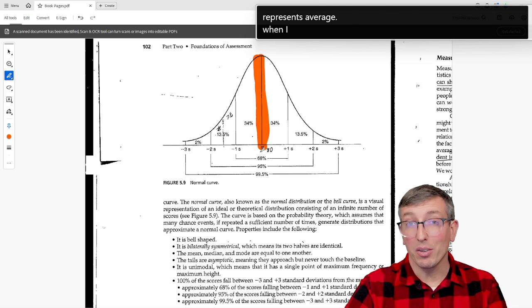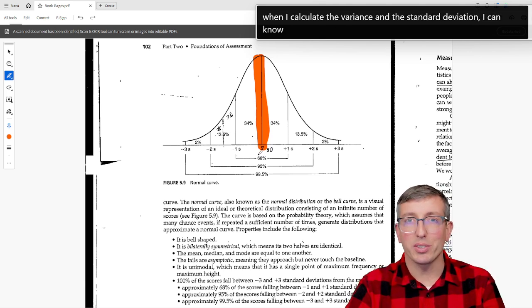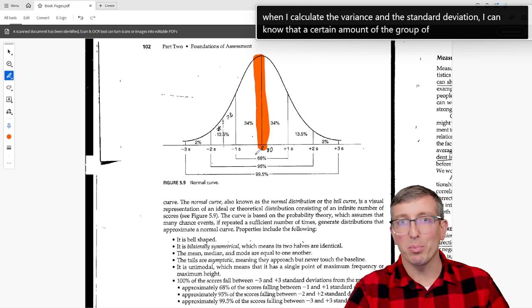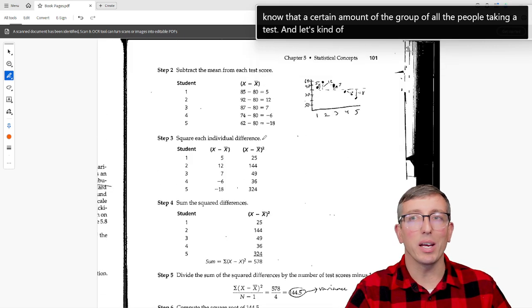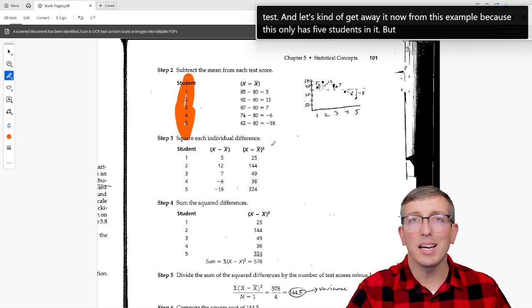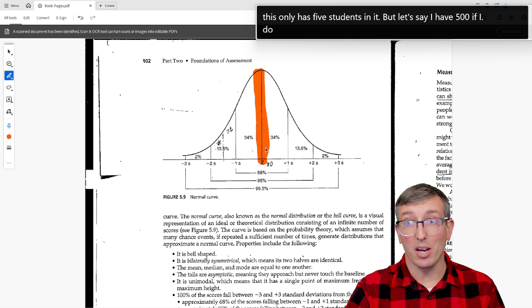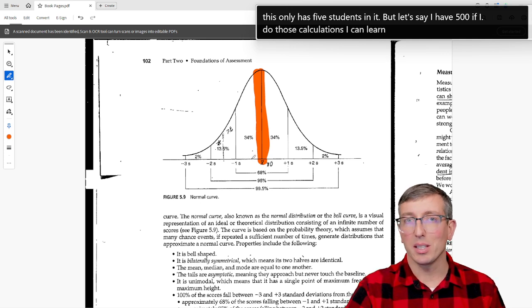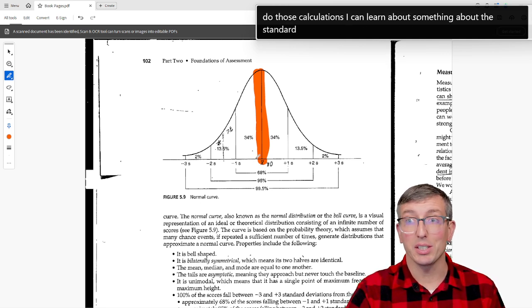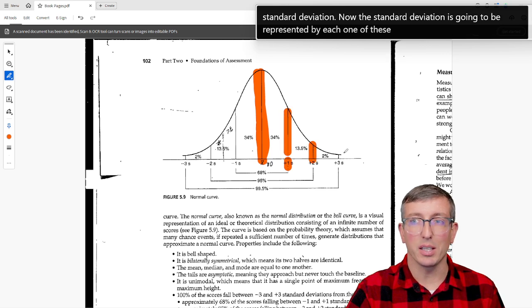When I calculate the variance and the standard deviation, I can know that a certain amount of the group of all the people taking a test, and let's get away from this example because it only has 5 students in it, but let's say I have 500. If I do those calculations, I can learn something about the standard deviation. The standard deviation is represented by each one of these lines right here.